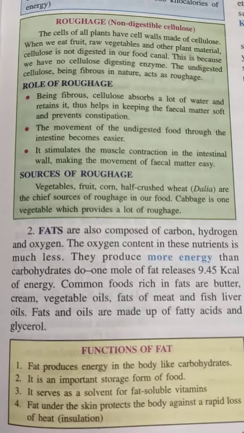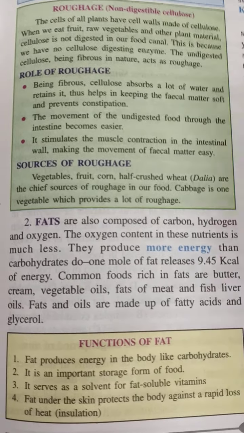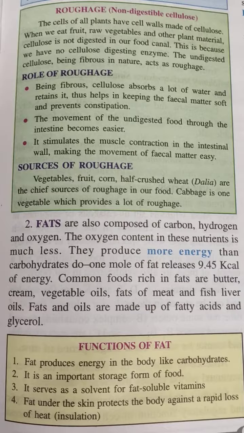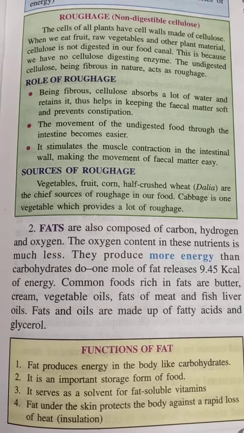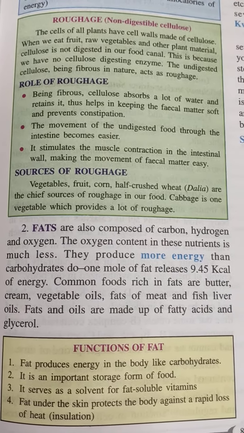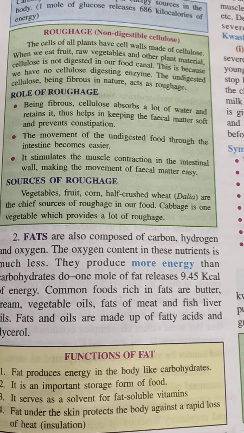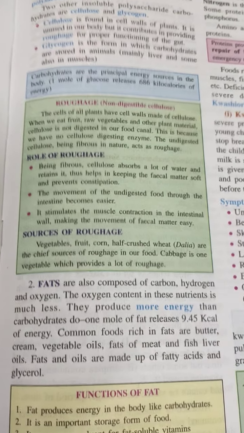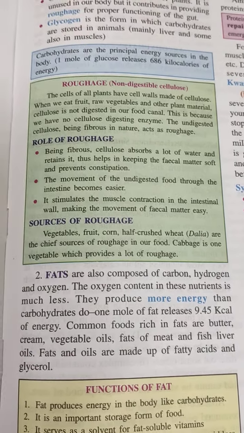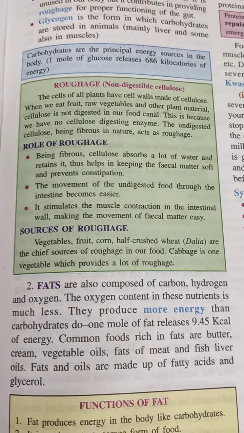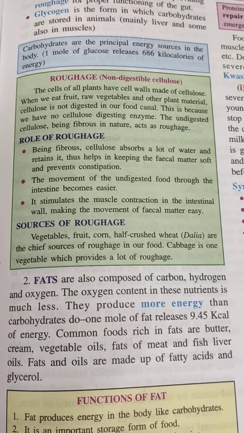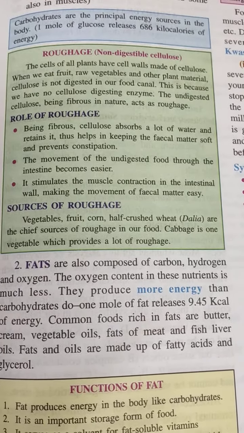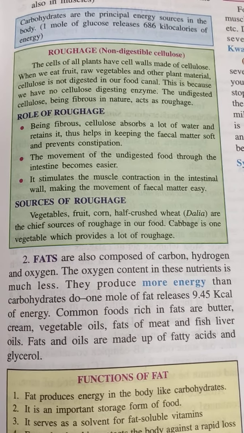Next nutrient is the fat, which is again composed of carbon, hydrogen, and oxygen. The oxygen content is much less over here. They produce more energy than carbohydrates. Here, 1 mole of carbohydrate was releasing 686 kilocalories, and 1 mole of fat will release obviously more energy.